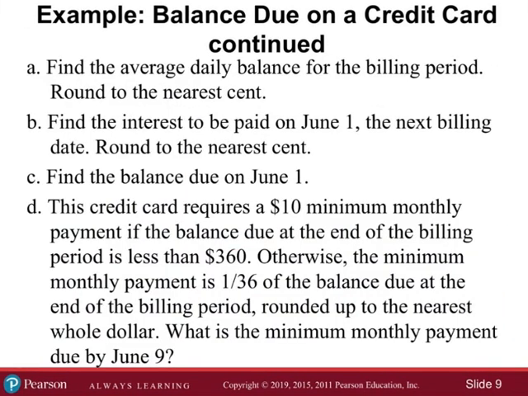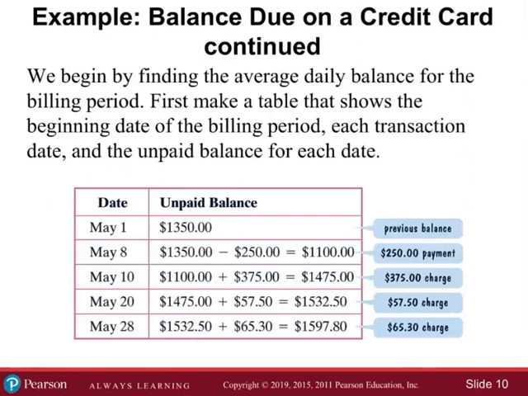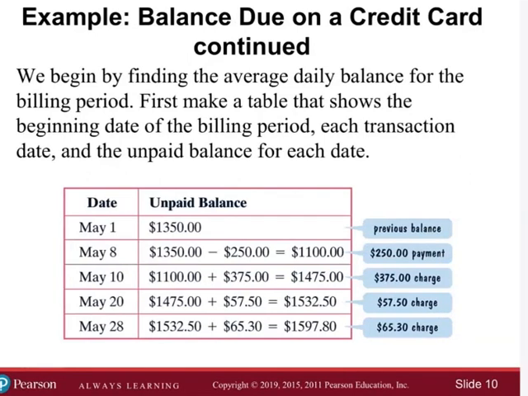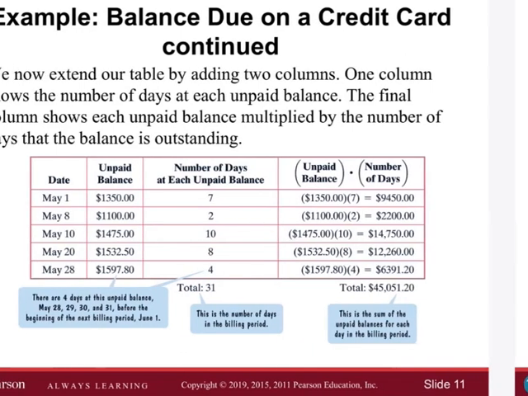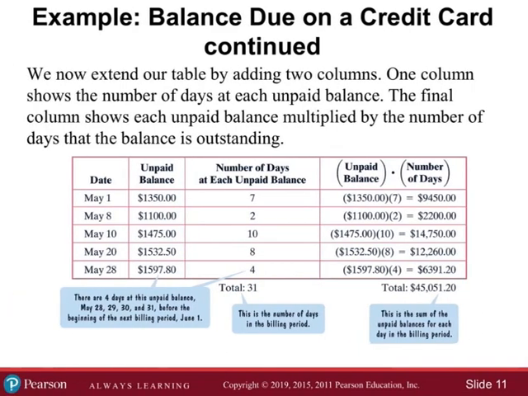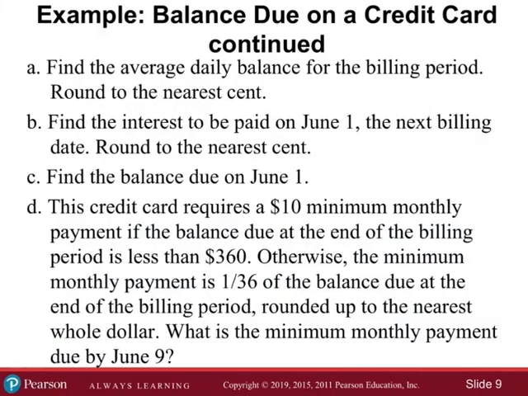Find the balance due on the 1st. So what is that? How do we use the average daily balance? We got the average daily. So I guess, what's the minimum due? How do we calculate the minimum? This credit requires a $10 minimum monthly payment of balance due at the end of each billing period.